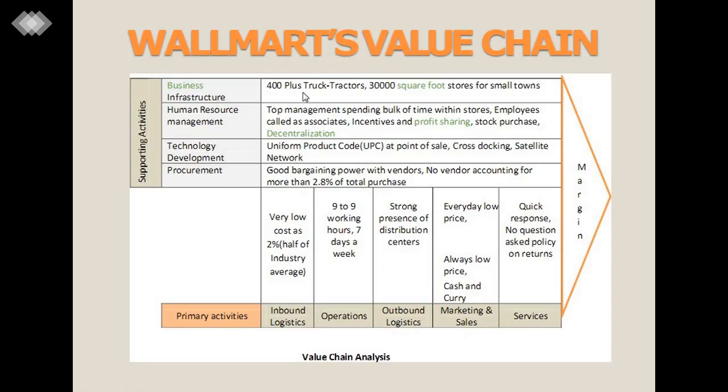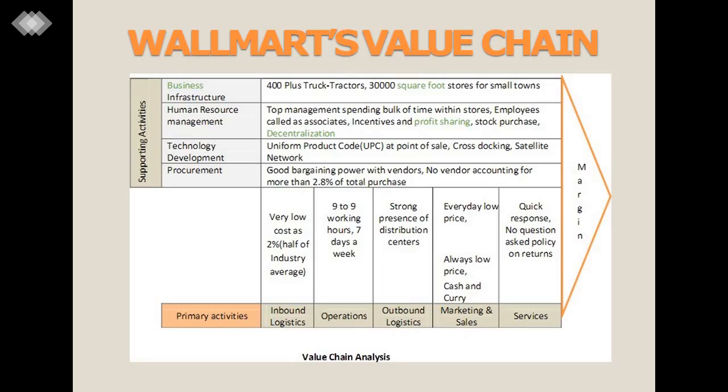In business infrastructure, it deals with 400-plus trucks, tractors, approximately 3,000 stores of more than 30,000 square feet for small towns. In HRM, top management spends the bulk of its time with the stores, employees are called associates, with incentives, profit sharing, stock purchase, and decentralization.